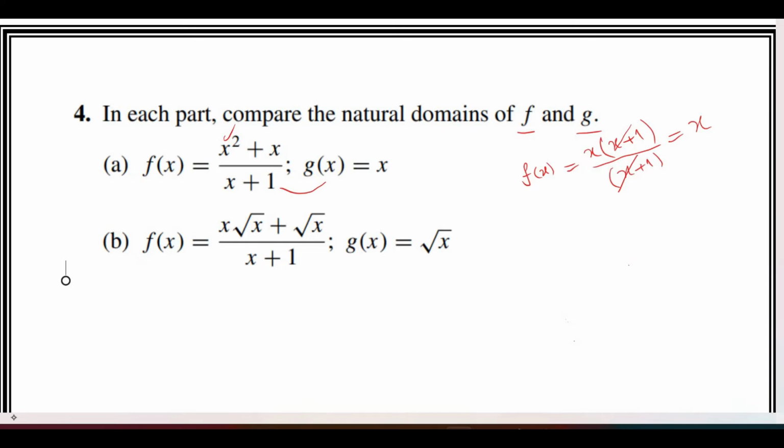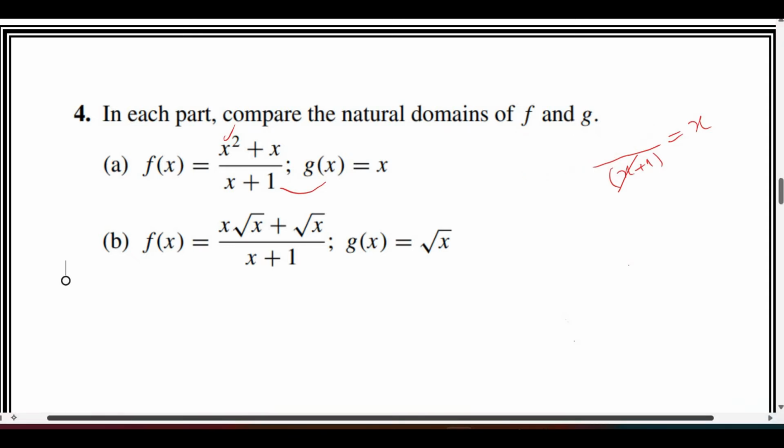So you can see that f and g are similar functions, the same functions, if we do some algebraic operations on the function f. But the domains of both of them are different. If we look at the function f, how do we find the domain of f? It is all x values where x plus 1 is not equal to 0.